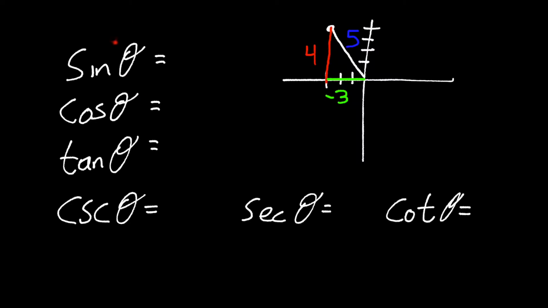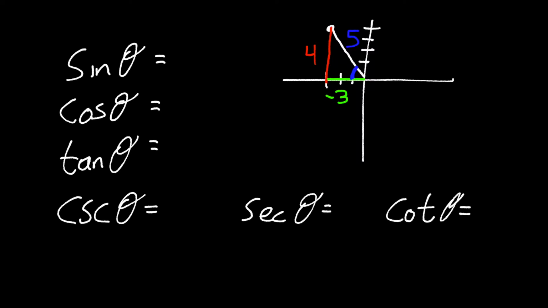Now, theta, that's our angle. The triangle has 3 angles. Which one do we want to use? We're always going to use the angle between the hypotenuse and the x-axis. So this is going to be my angle down here. Always going to use it between the hypotenuse and the x-axis.